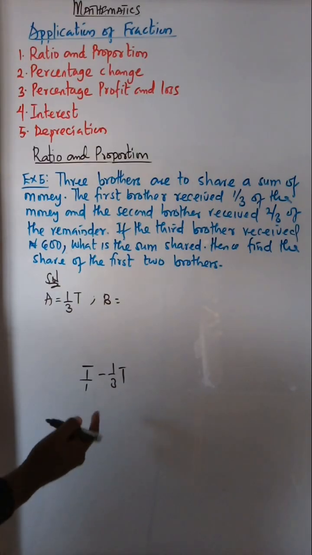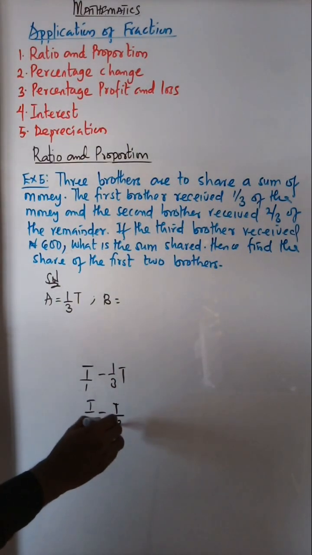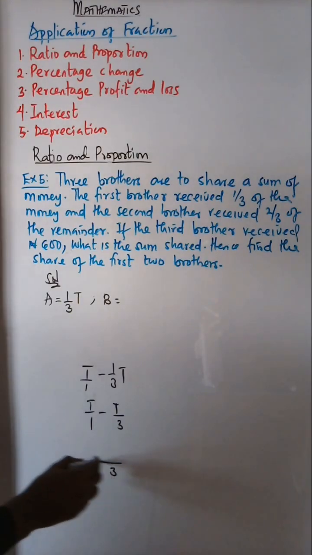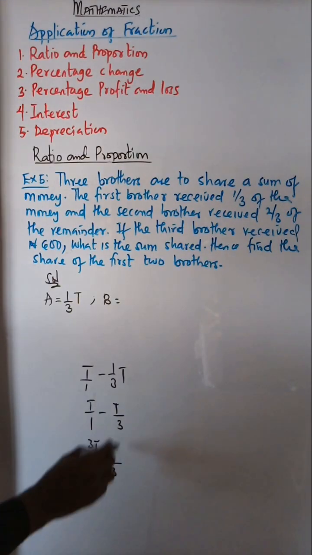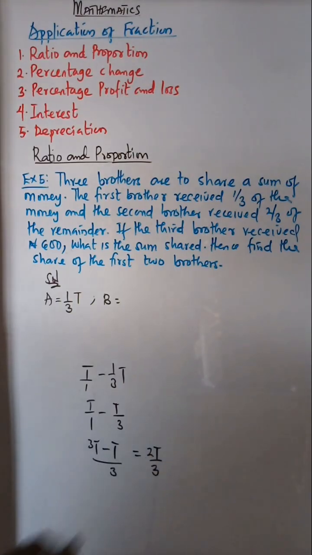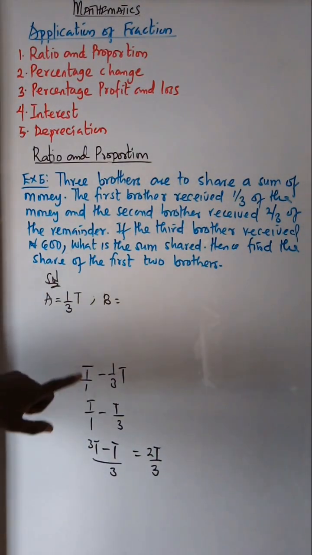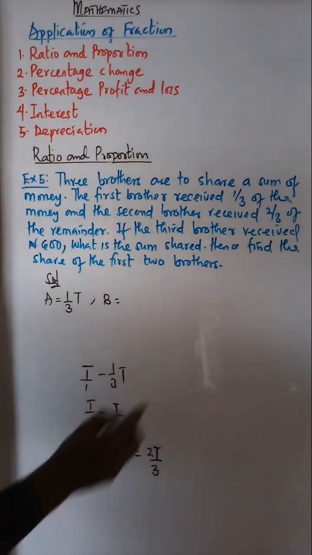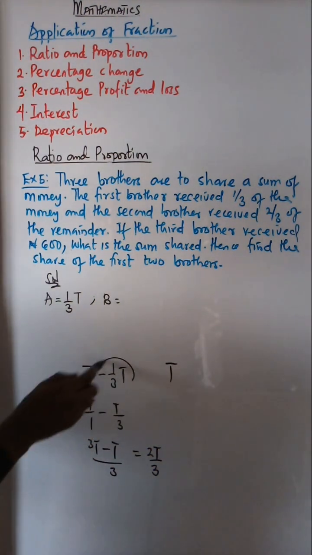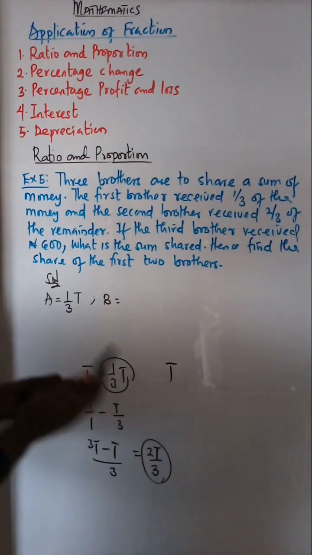So we write T over 1 minus T over 3. The LCM is 3. So that's 3T minus T, which is 2T over 3. So from the total T, the first brother took 1/3, and 2/3 will be left. After the first brother took his own part, this is the remainder.